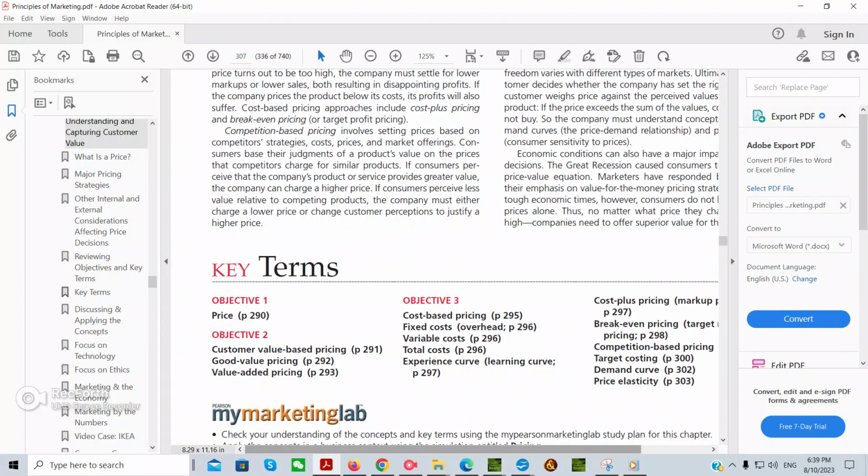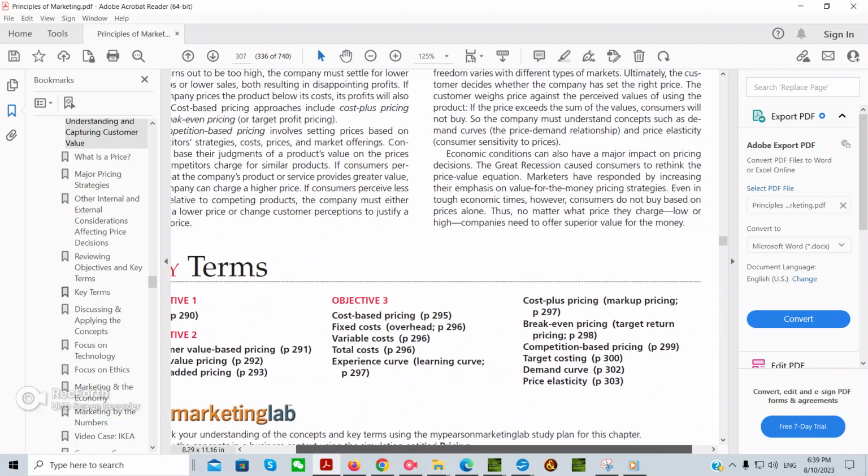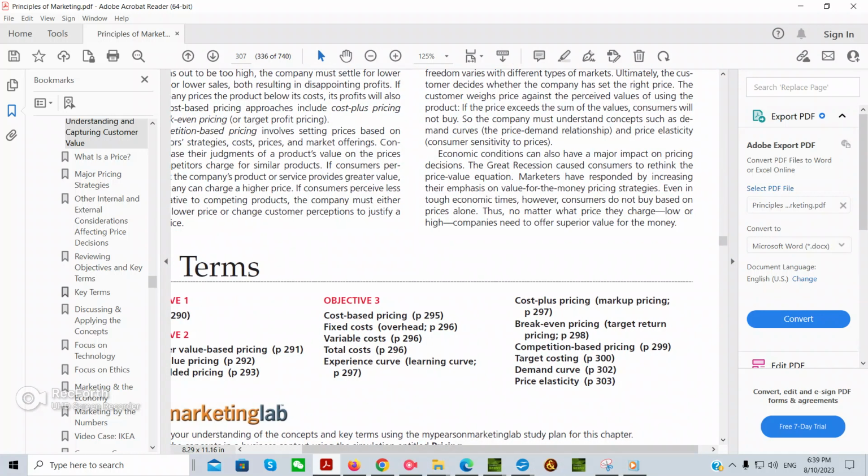And one more thing that we need to check to make sure we know and understand is the key terms. For objective 1, it's price. For objective 2, customer value based pricing, good value pricing, value added pricing. For objective 3, we have much more vocabulary.